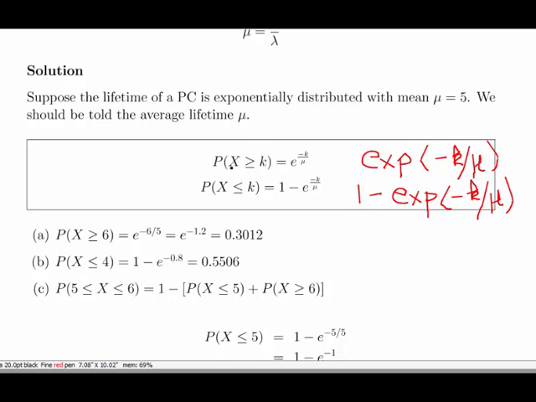So the probability of x greater than k is this expression here. The probability of x less than or equal to k is this expression here. This is the cumulative distribution function, also known as the CDF. Here k is some particular value. It's 6 and 4 in the two questions.